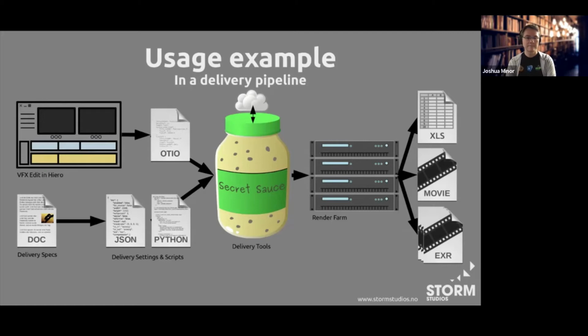We then pass the VFX edit from Hiero to our delivery tools via OTIO file, and the delivery tools make sure that we gather the correct source files and convert the naming convention to the clients, and set up a bunch of batch renders for the render farm, which then produce the movie or image files and updates the submission form, all based on the OTIO file.